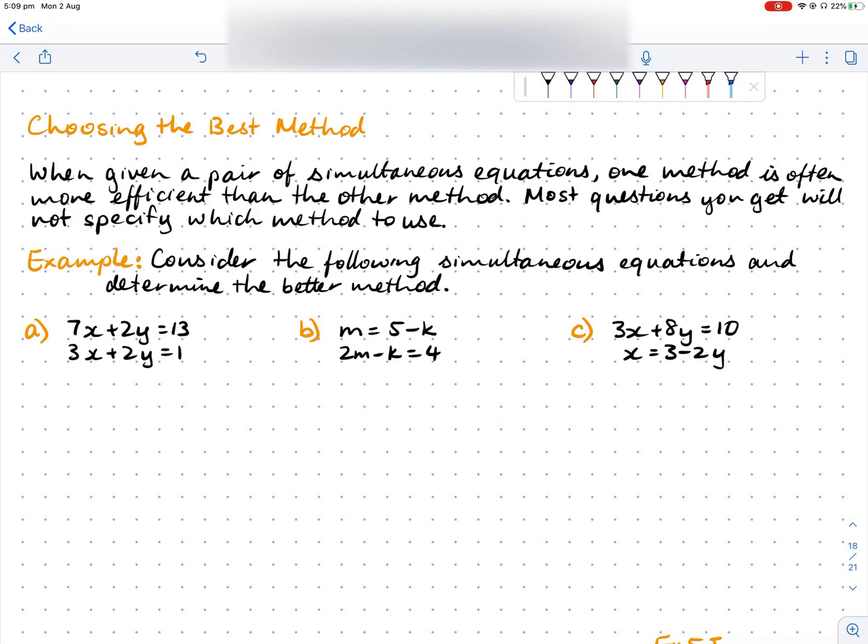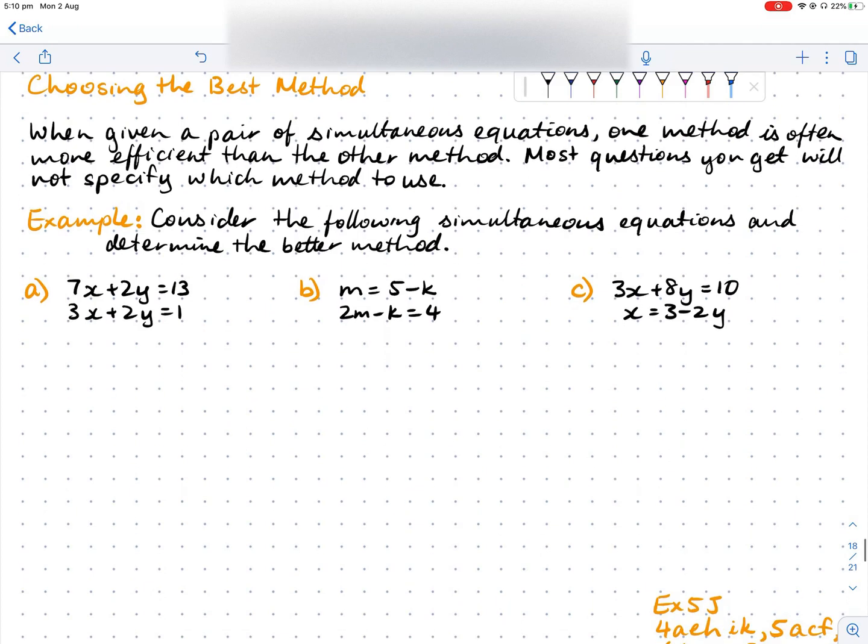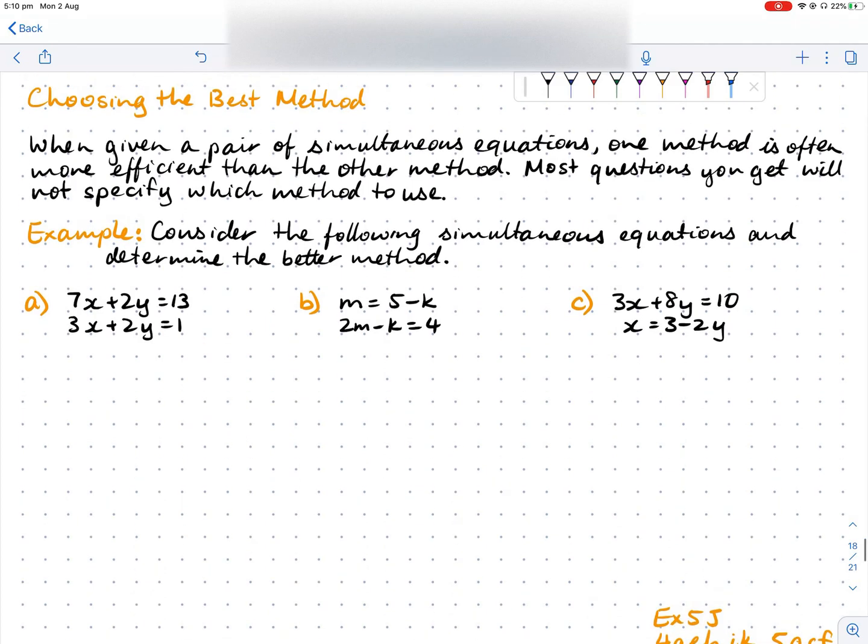Usually we will tell you the most efficient one to use, but for the most part, we won't tell you explicitly which version we want you to use. So remember, when we were doing elimination, we wanted the equations in the same format.